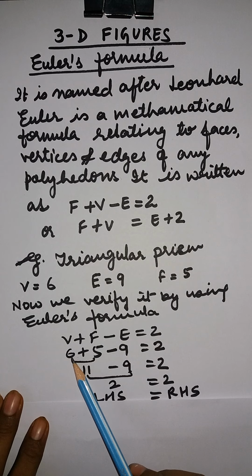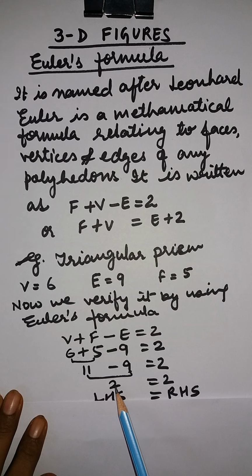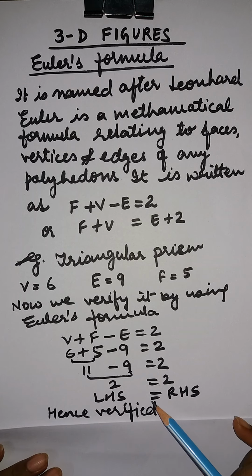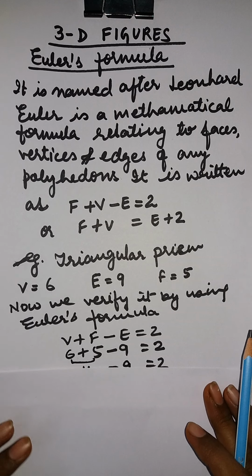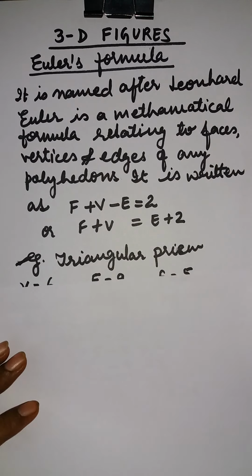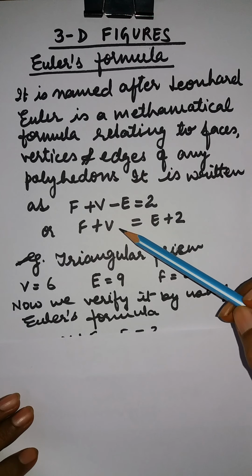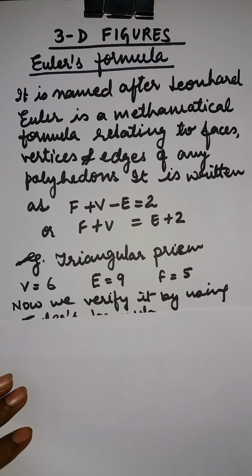After simplifying, we can see that the left hand side is equal to the right hand side. So hence verified. Euler's formula is basically used to verify the prism and pyramid, and it can also be used for cube and cuboid.